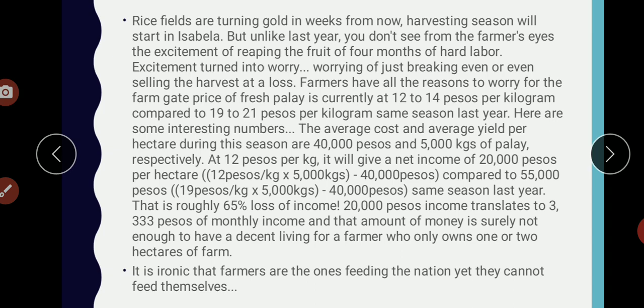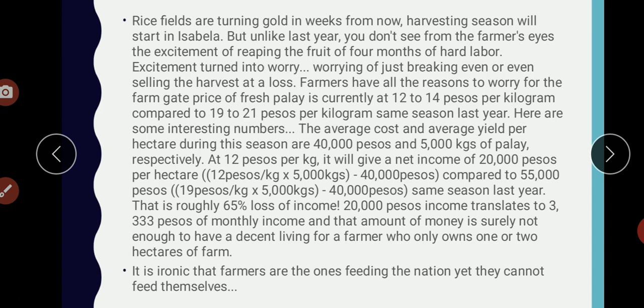So, this is the issue last year because of the price of rice. Because if you have 1 hectare of rice, the average harvest is 5,000 kilograms, and the average cost in order for you to produce that 5,000 kilograms is 40,000 pesos.